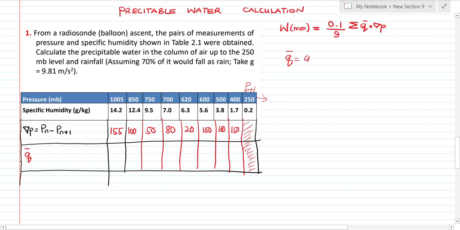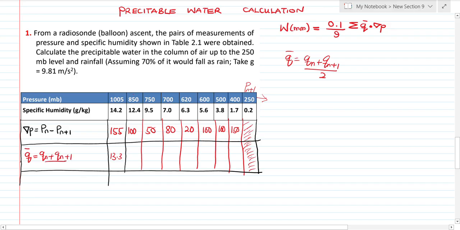The mean is simply Qn plus Qn plus 1 over 2, as simple as that, right? So we have 14.2 plus 12.4, divided by 2, that is 13.3.